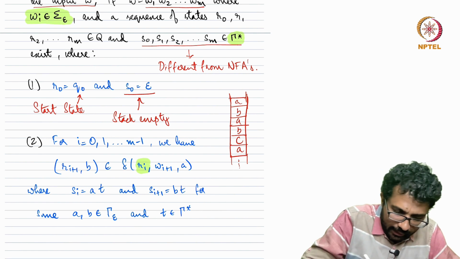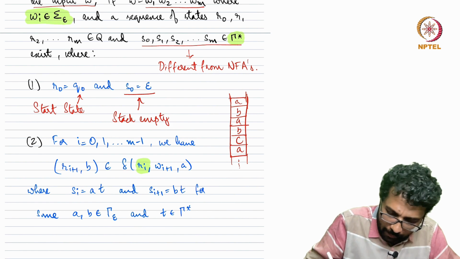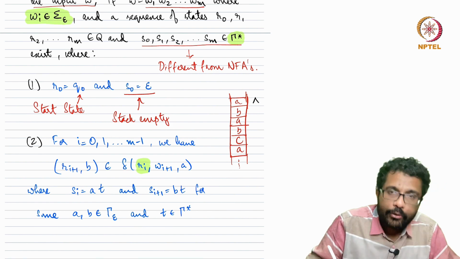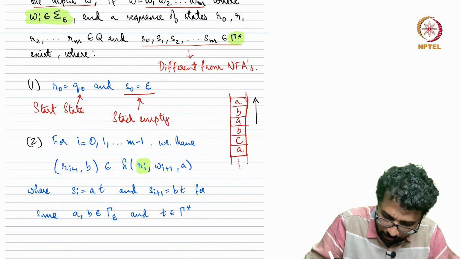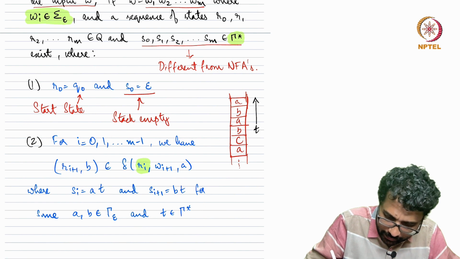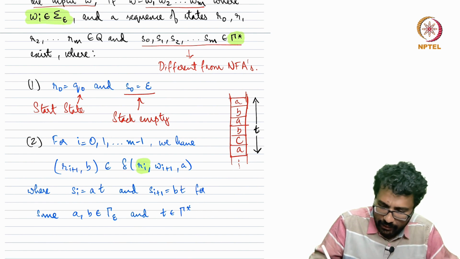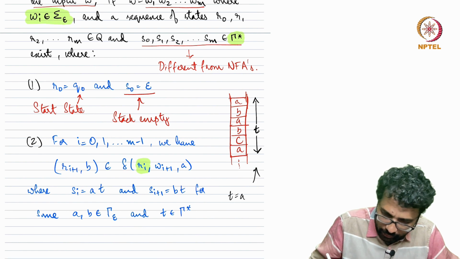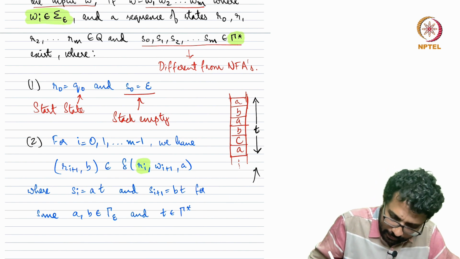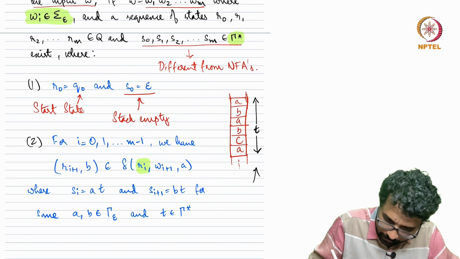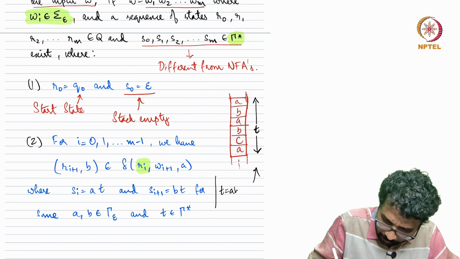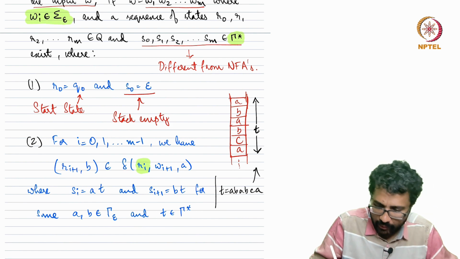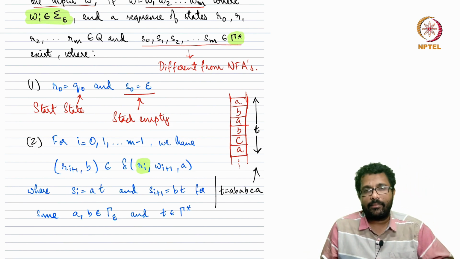So when I said that, what I mean is, if you look at the figure that we have here, suppose this is what is there in the stack. Then T is ABCA, because that is the string in the stack.